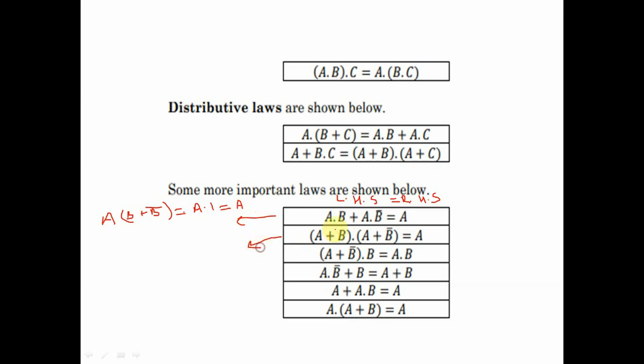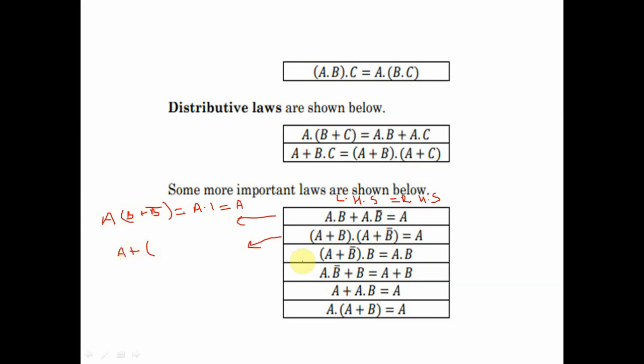Now this one is your second example. In the second example, which term is common here? The A term is common here. Remaining plus, and in the bracket which term is common? A is common. I am taking A common.